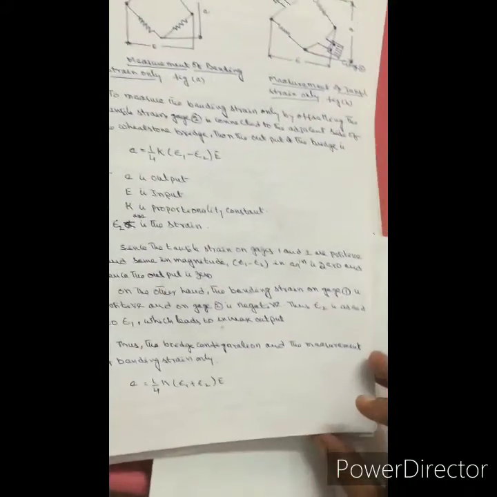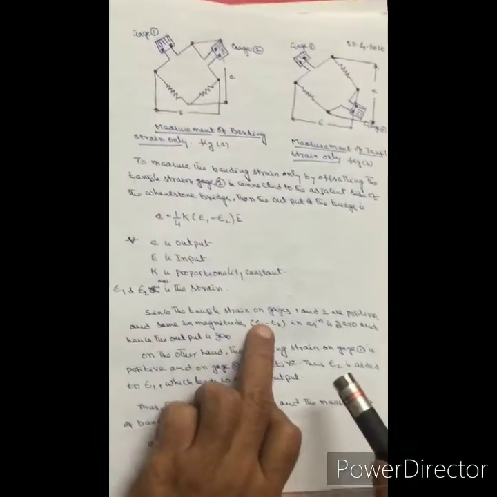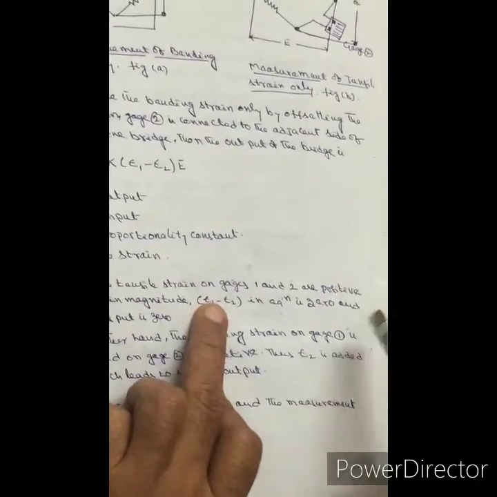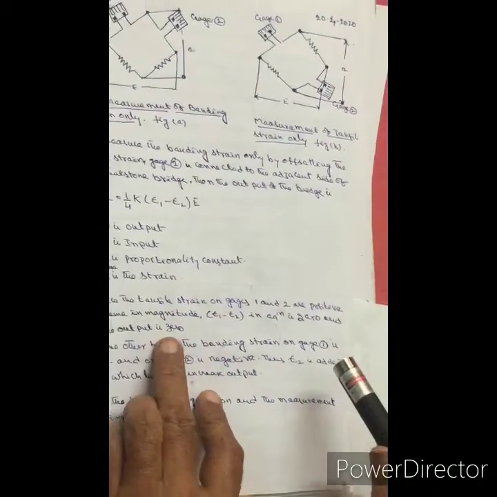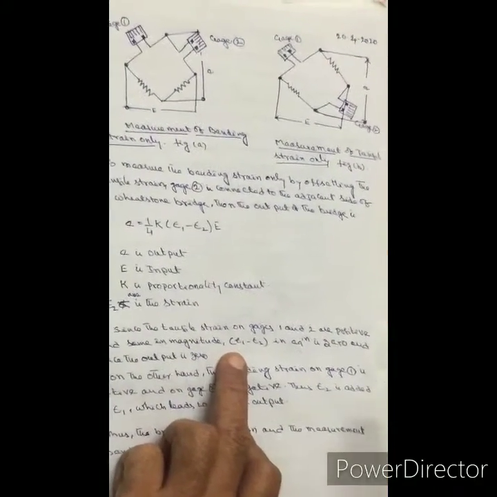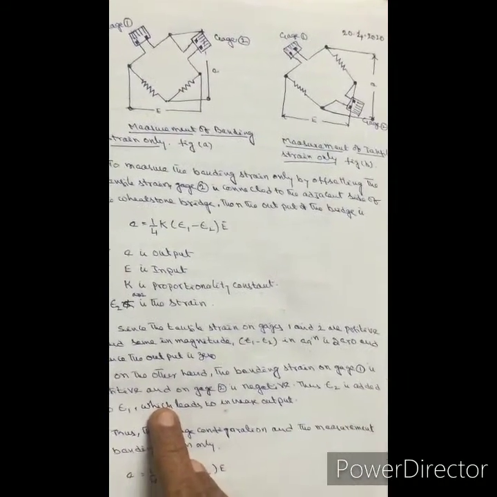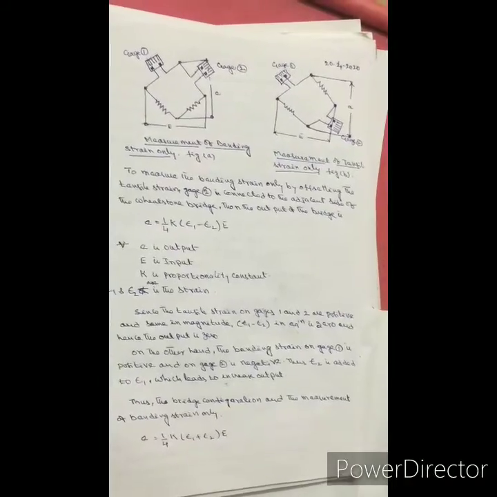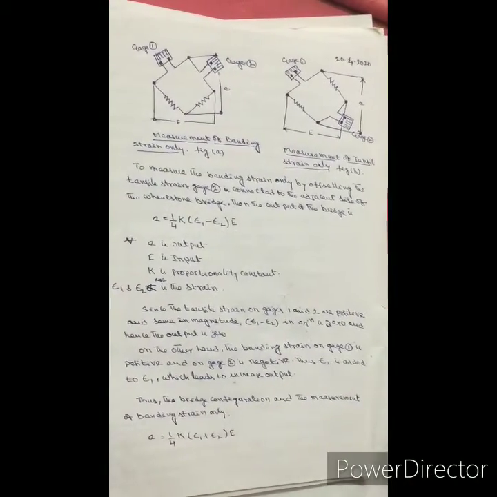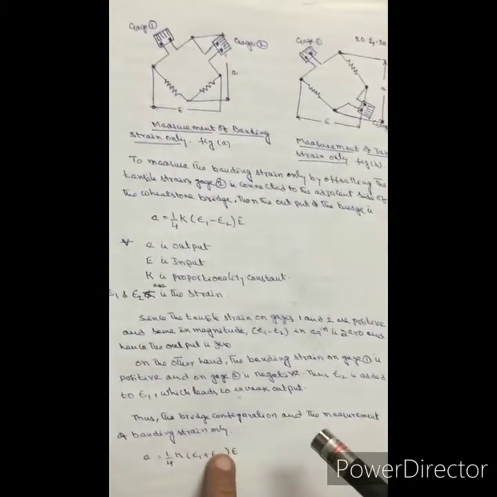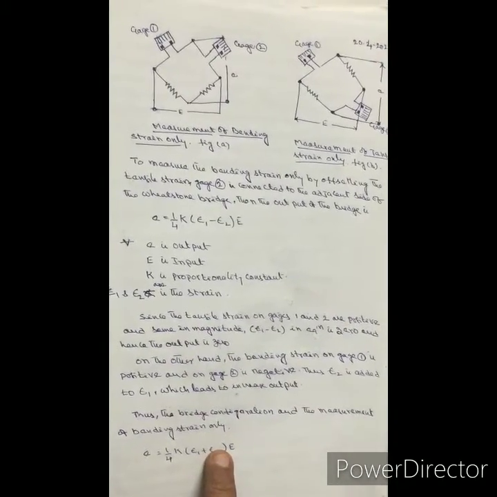Since the tensile strains on gauges 1 and 2 are positive and the same in magnitude, epsilon 1 minus epsilon 2 is equal to 0. On the other hand, for bending strain, positive and negative will be there: gauge 2 is negative, gauge 1 is positive.